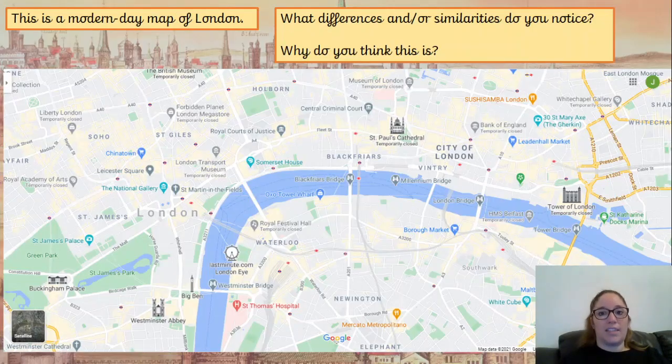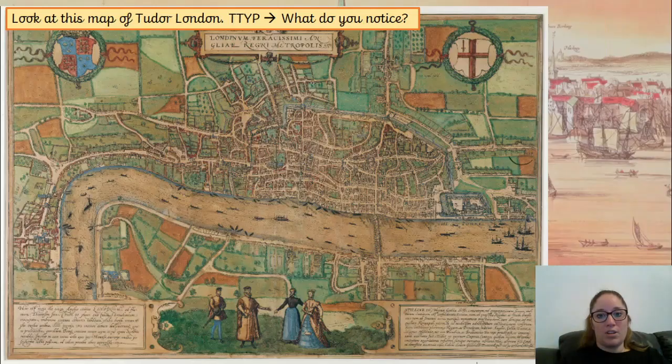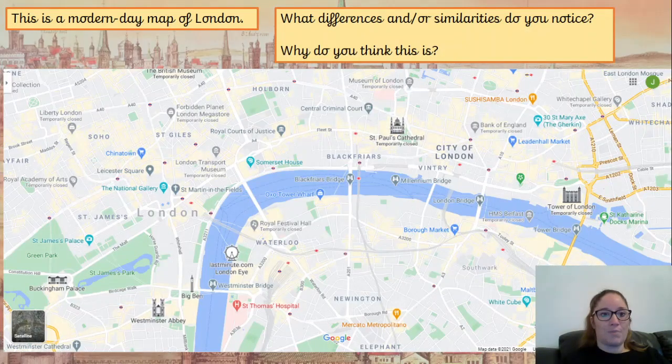This is a modern day map of London. What differences and similarities do you notice? So if you look back at the previous one, compared to a map now, on this map now, the greenery is land. Notice how much different it is.